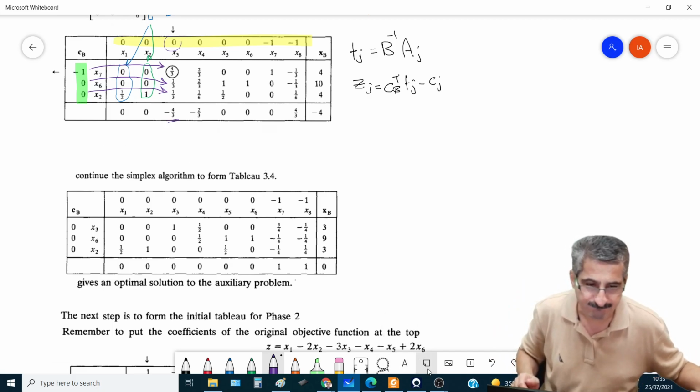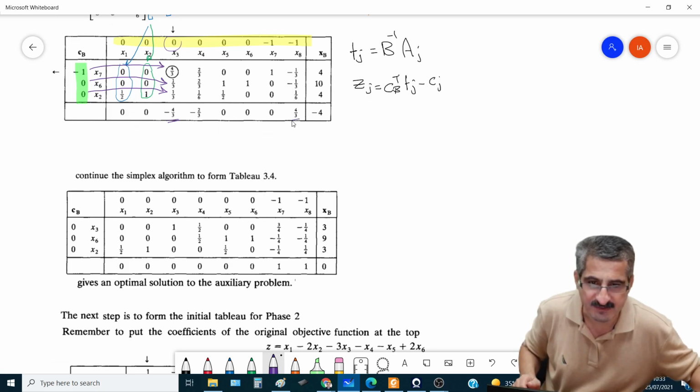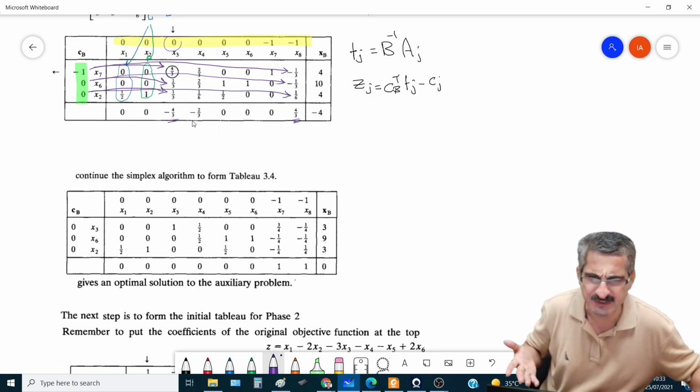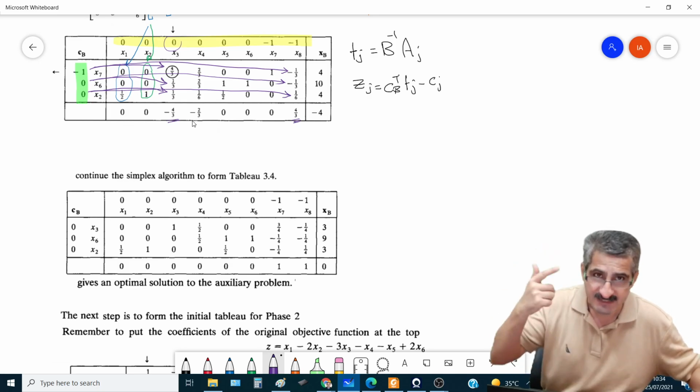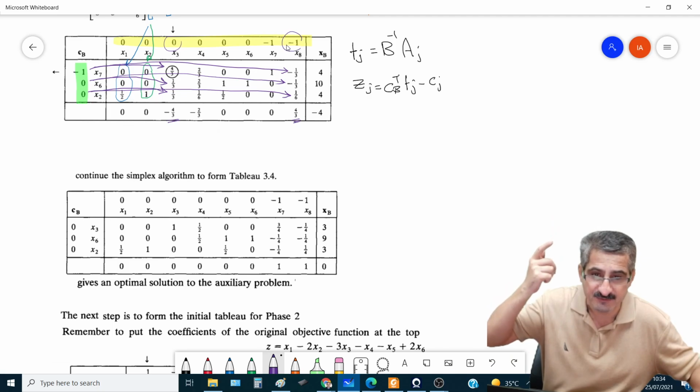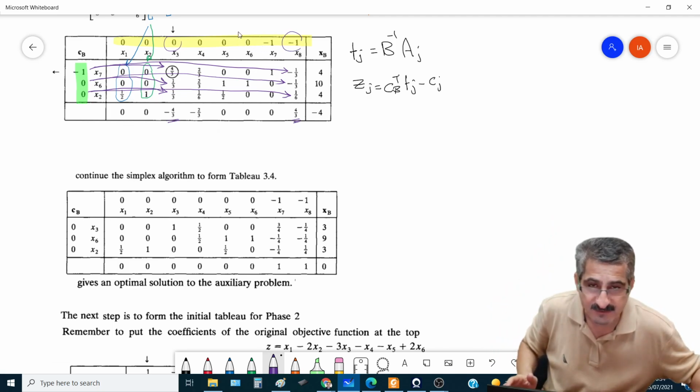Now again, if I want to obtain this, I multiply this with -1, this with 0, and that with 1/6. Then I get -1/3 times -1, it is 1/3, minus the -1 above here, which means +1.